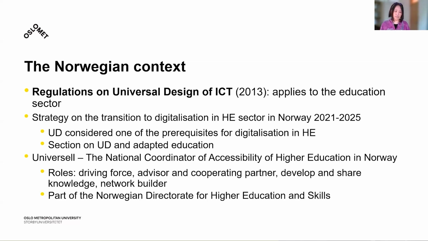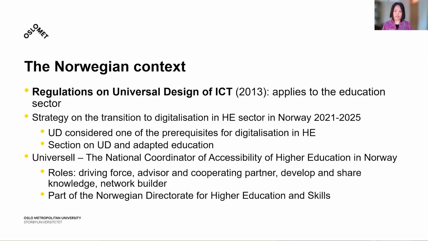So as you see, in Norway, the requirement is on learning platforms and learning material. And there's a monitoring authority that regularly audits the universities. Two years ago, it audited one university's website and another university's digital exam systems.